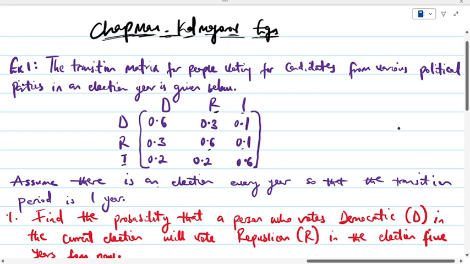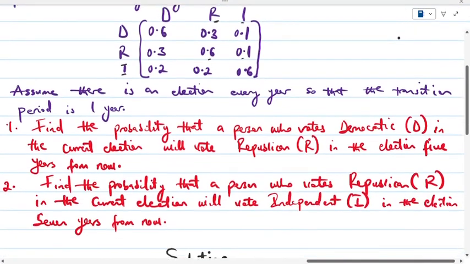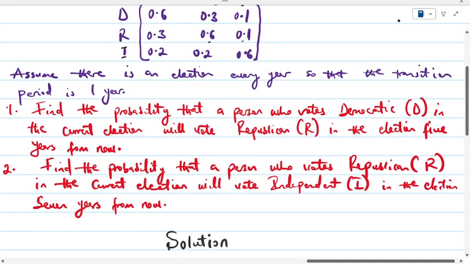Assuming there is an election every year, the transition period is 1 year. We have two questions to solve using the Chapman Kolmogorov equation. First, find the probability that a person who votes Democratic in the current election will vote Republican in the election 5 years from now.